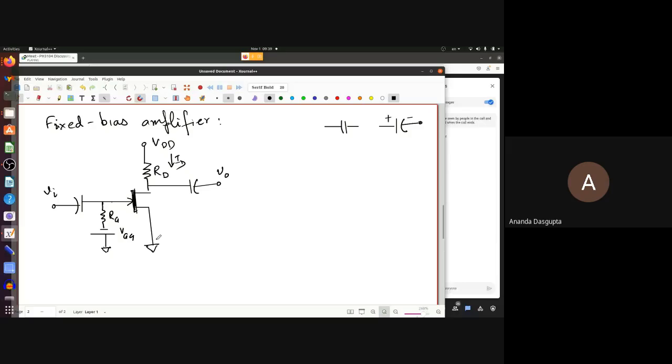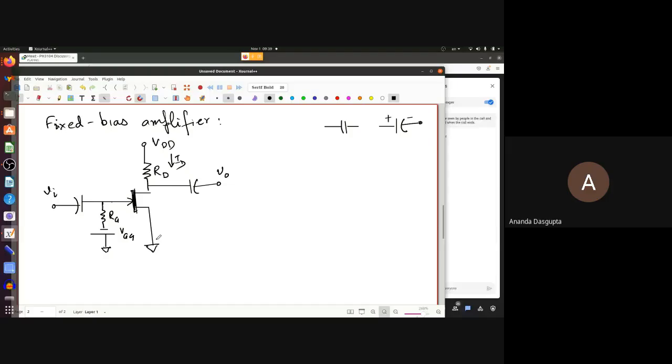And the superposition principle simply says this: if you have multiple sources in your circuit, then you can analyze them one after the other. That is, you can find out the currents and voltages due to one source first, then do it for another, then another, and finally add up all your results. When you are doing it for one source, what we are going to do is replace the other source by its internal impedance.